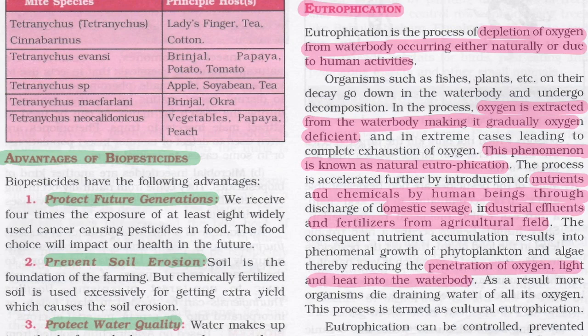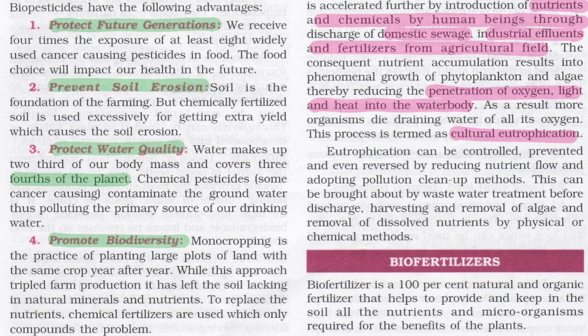As a result, organisms die, draining the water of all its oxygen, and this process is termed cultural eutrophication. Eutrophication can be controlled, prevented and even reversed by reducing nutrient flow and adopting pollution cleanup methods. This can be brought about by wastewater treatment before discharge, harvesting and removal of algae, and removal of dissolved nutrients by physical or chemical methods.